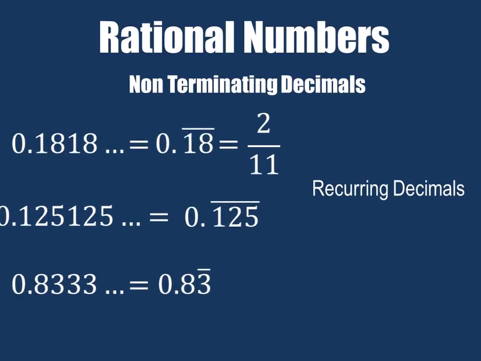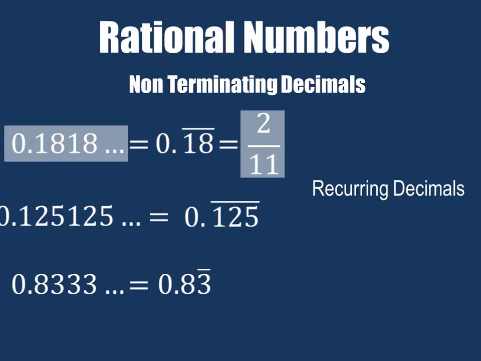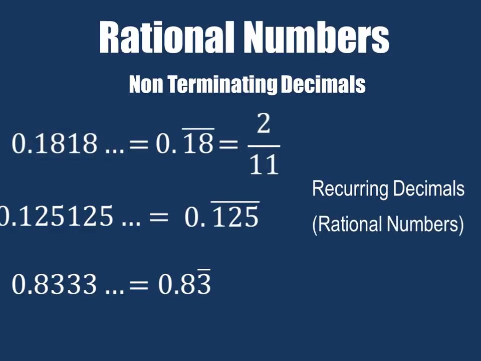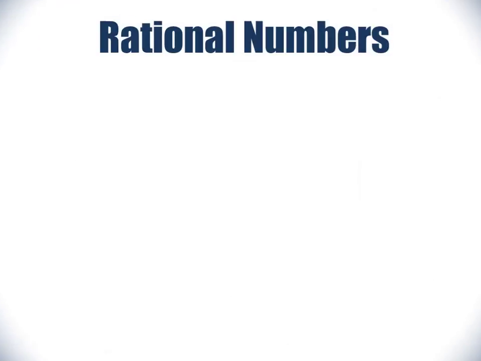In my next video, I will discuss how non-terminating recurring decimals are converted to fractions. But for now, you should know all non-terminating recurring decimals can be converted in form of fraction of two integers. So, all non-terminating recurring decimals are also rational numbers. Before we end this video, let's have a preview of rational numbers.